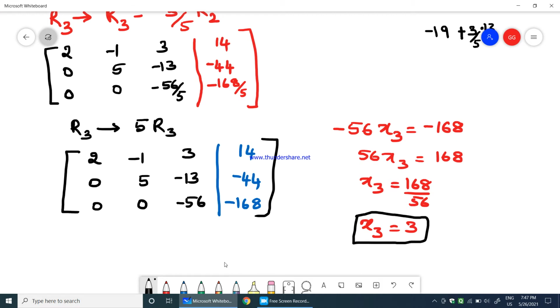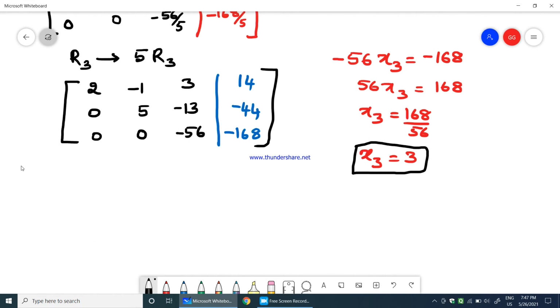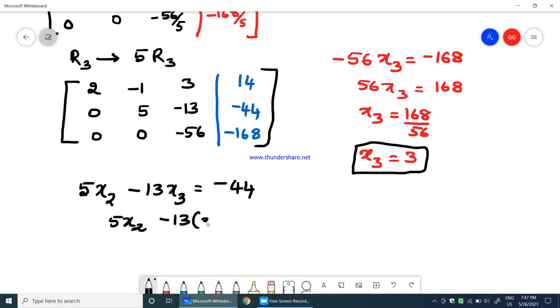Now, we are going to write the second equation by looking into the second row. What is that? 5 times x2, because x1 is 0 here, minus 13 times x3 equals minus 44. So here x3 is 3. That is what back substitution is: you find out x3 first, then substitute to find x2 and then find out x1. So 5 times x2 minus 13 times 3 equals minus 44.